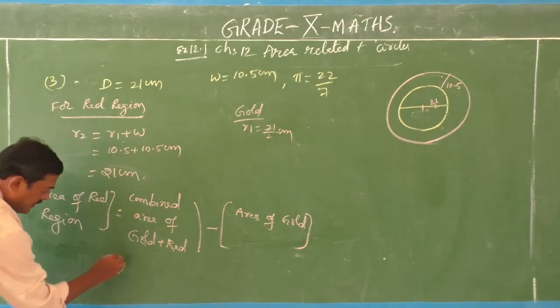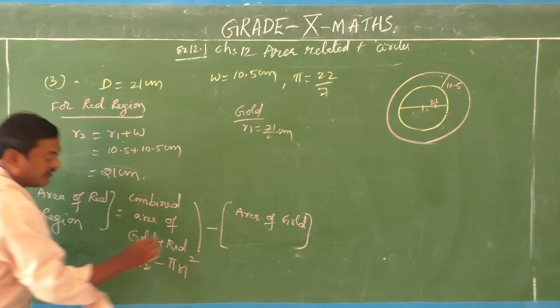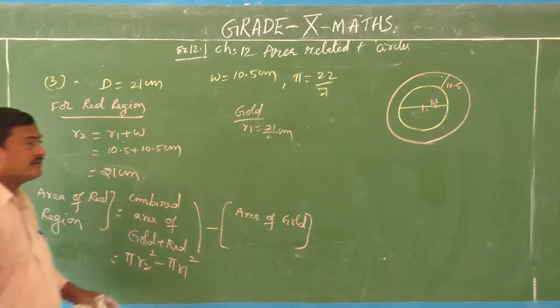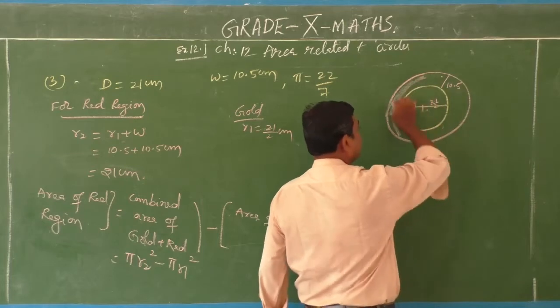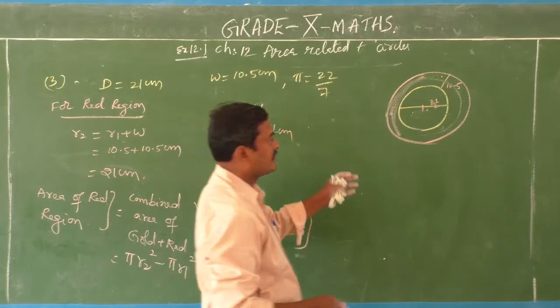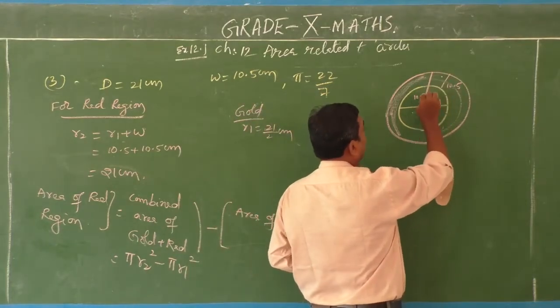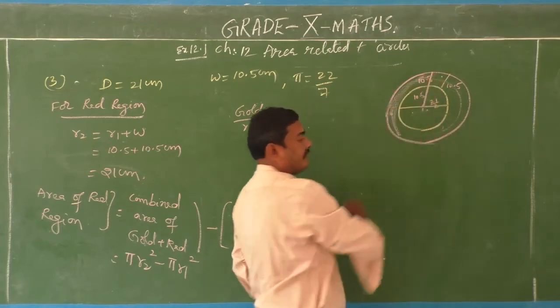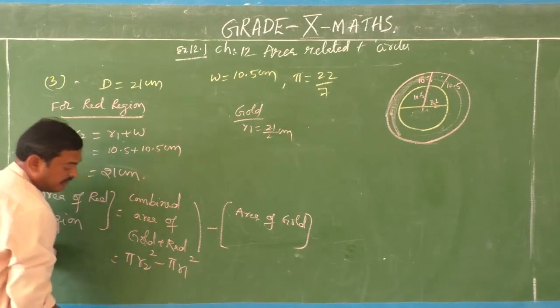That equals pi r2 square minus pi r1 square. Look here, we want only the red alone, which means it is the area of a ring: outer area minus inner area. So this is the outer area, and the width is 10.5. So pi r2 square minus pi r1 square.